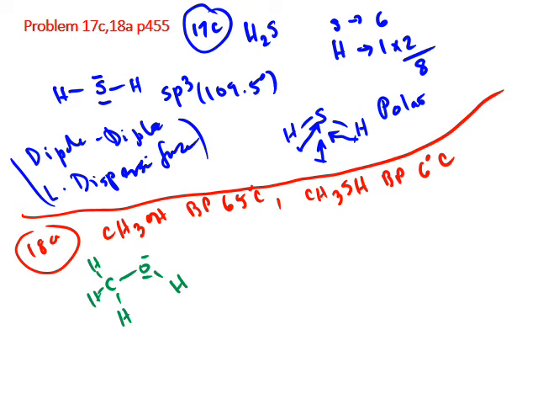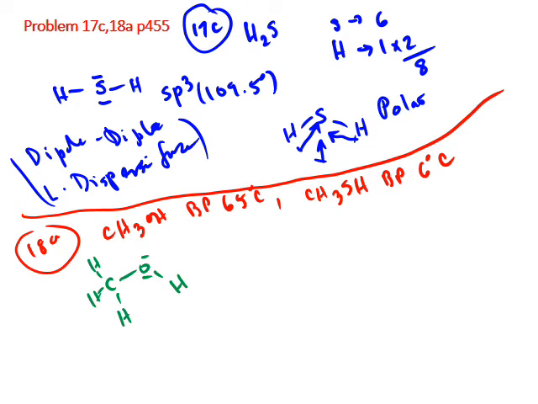I'm assuming that at this point you know what kind of shape it would have. It is bent because oxygen has sp3 hybridization, the angle would be 109.5, so you cannot draw it as a linear geometry around oxygen. So that's what you have for CH3OH.